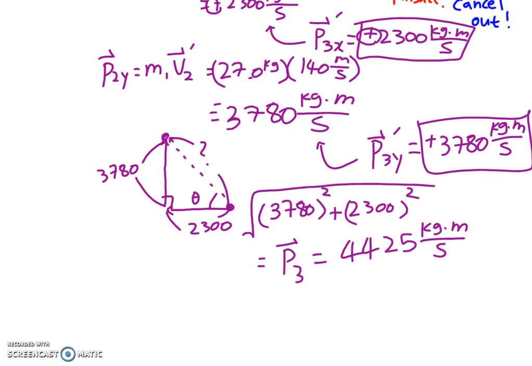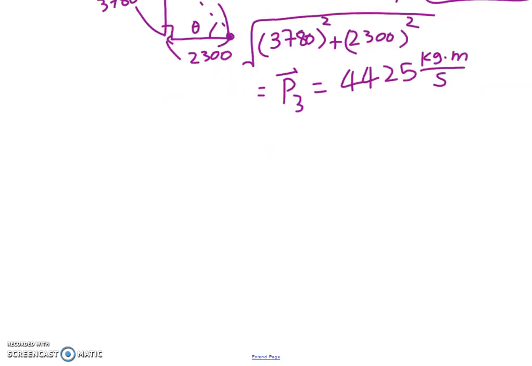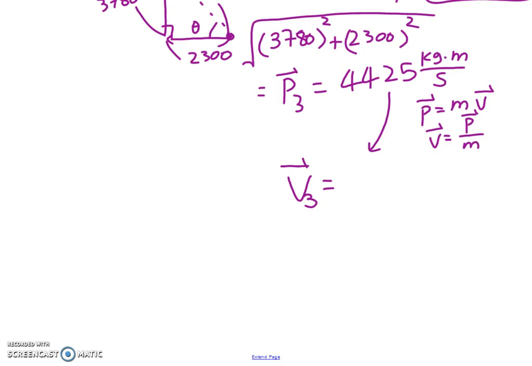Now, we are very close to the answer. We are interested in finding out, technically, not the momentum of the third piece per se. We're thinking about finding out the speed of it, which is, if you remember, P is equal to mv. If you isolate v, it's actually P divided by m.